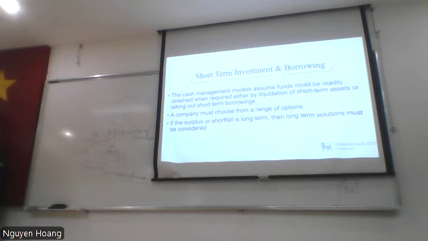The cash management model assumes funds can be obtained either by liquidation of short-term assets, which means you sell your short-term investments or short-term assets, so you get some money. Or you borrow money for a short period of time, which will also give you funds. So these options could be selected. The company can choose from a range of options.